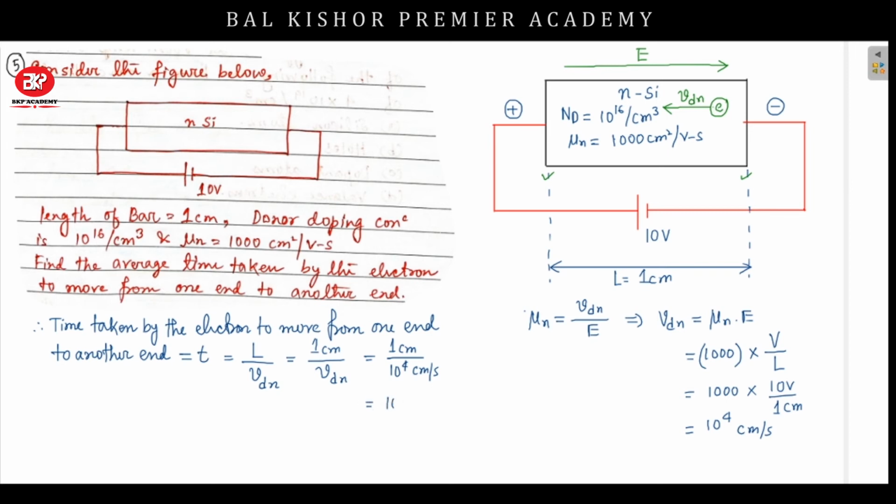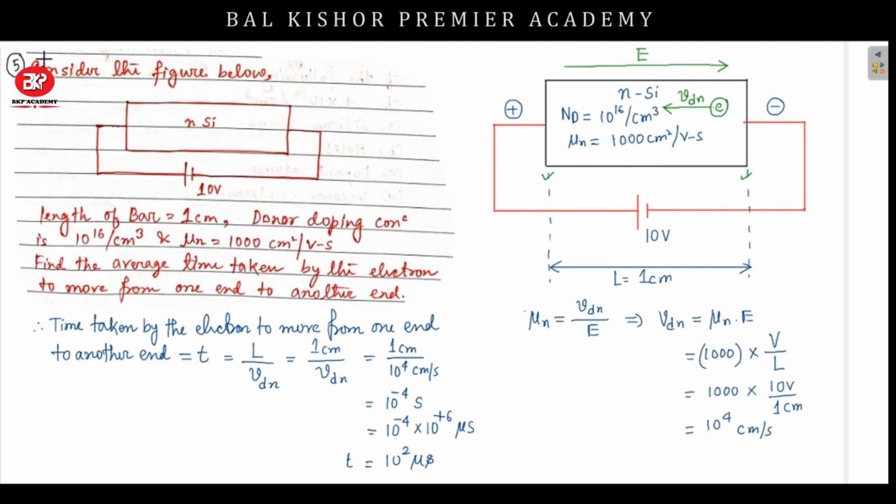So ultimately it will come out to be 10 to the power minus 4 second. And if I want to find it in microsecond, then I can write it as 10 to the power minus 4 into 10 to the power plus 6, और ये यूनिट होगा माइक्रोसेकंड. So ultimately it will be 10 to the power 2, that is 10 square microsecond.